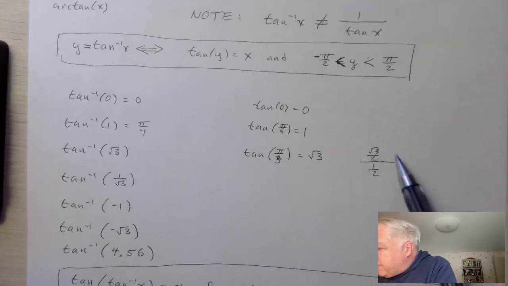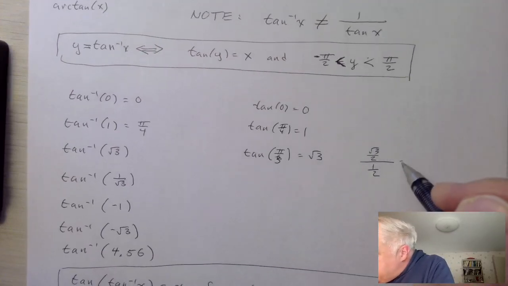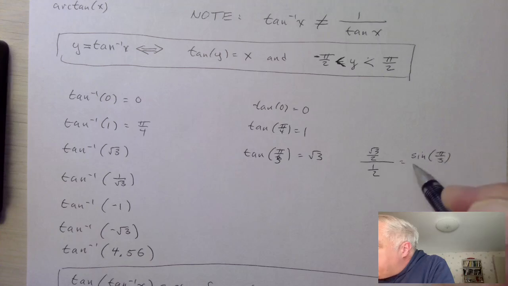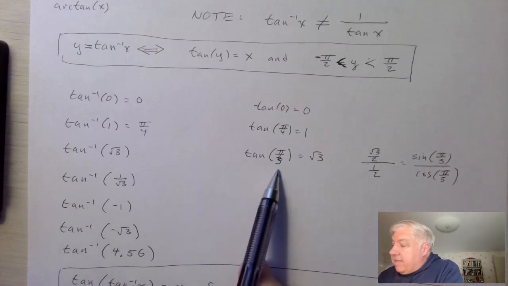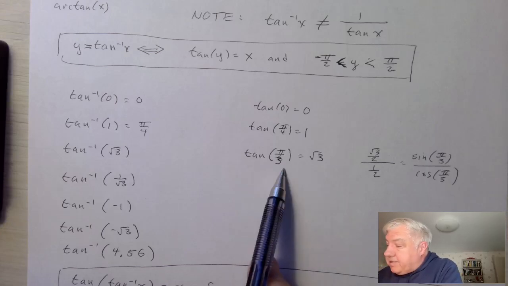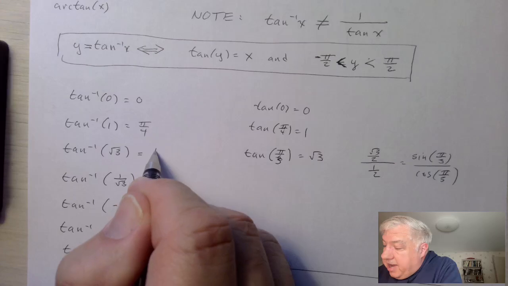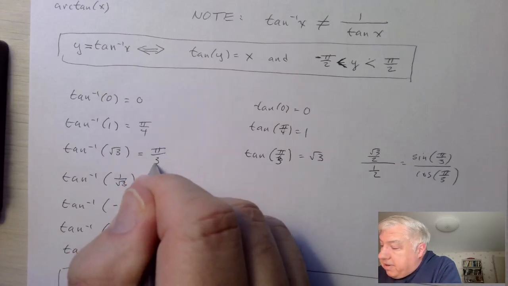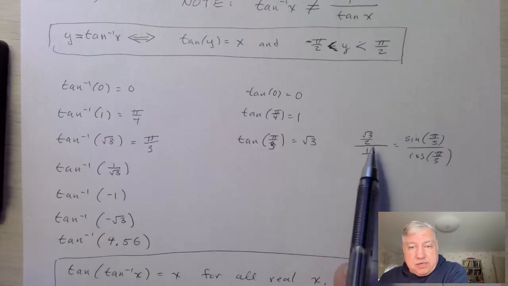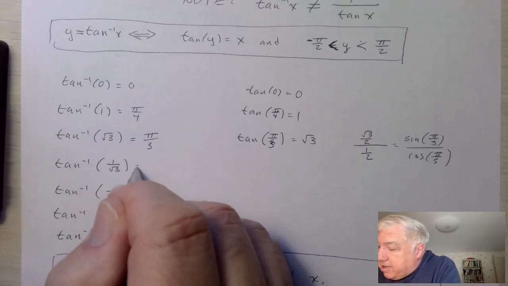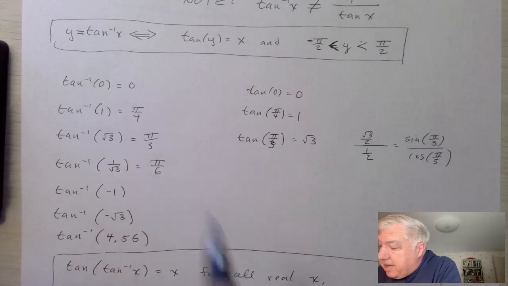So we want this to be the sine of pi over 3 and the cosine of pi over 3. So that is correct. The inverse tangent of root 3 is pi over 3, because you can see that this simplifies to square root 3. And similarly, the inverse tangent of 1 over root 3 is going to be pi over 6.